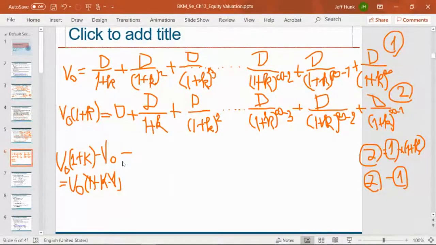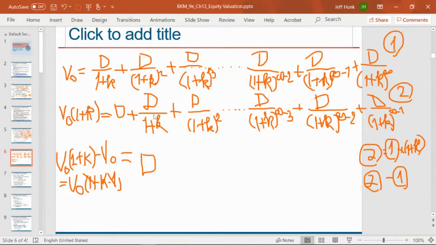And then on the right-hand side, the only thing that remains will be D. That's because you're subtracting equation 1 from equation 2, which means all of equation 1 will change sign. It will be negative, right?